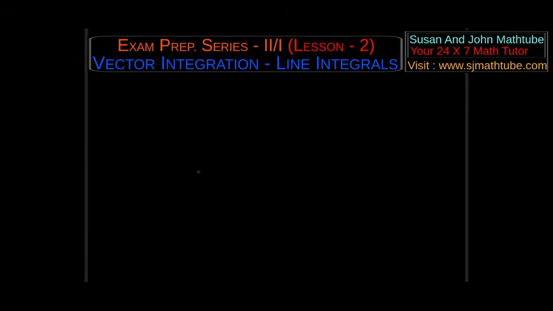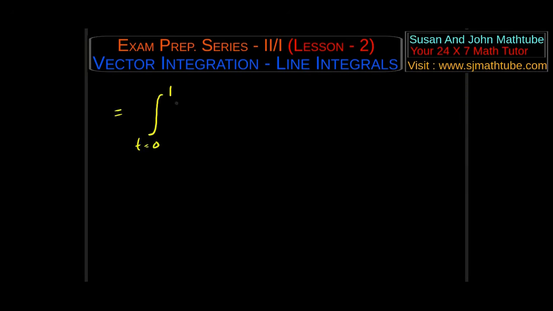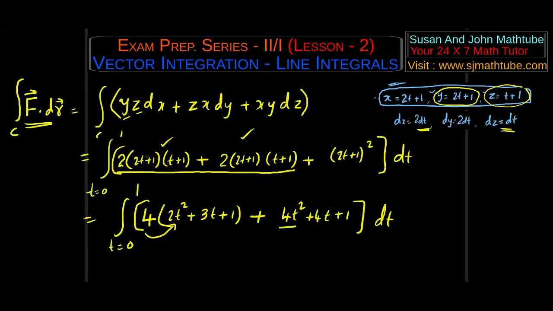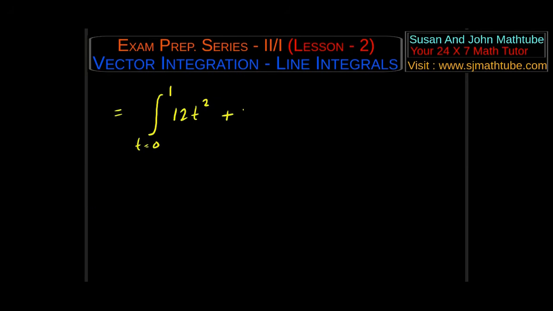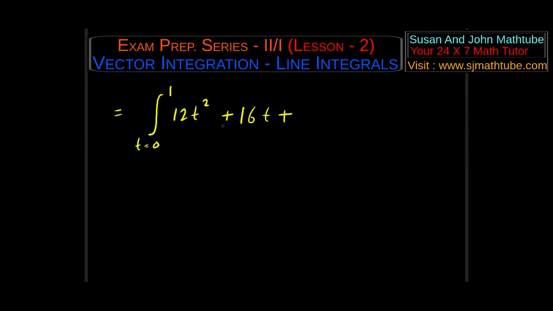And you can simplify this. It's going to be the integral from t equal to 0 to 1. So you get 8 plus 4, that's going to be 12t square, plus you're going to get 12 plus 4, that will be 16t, and finally 4 plus 1, 5.